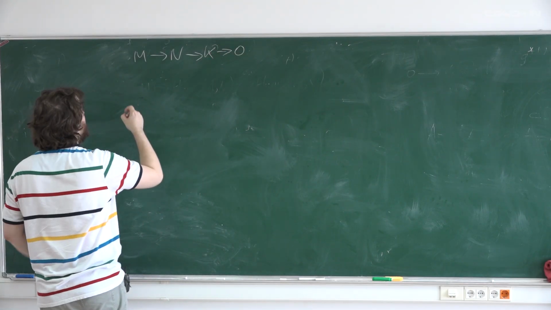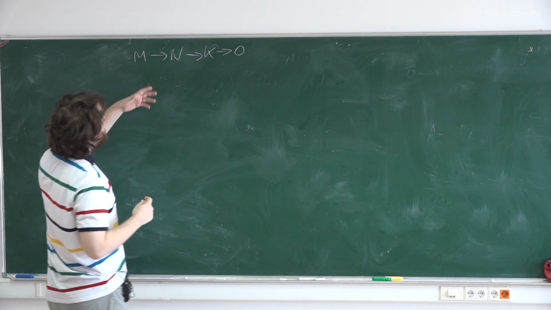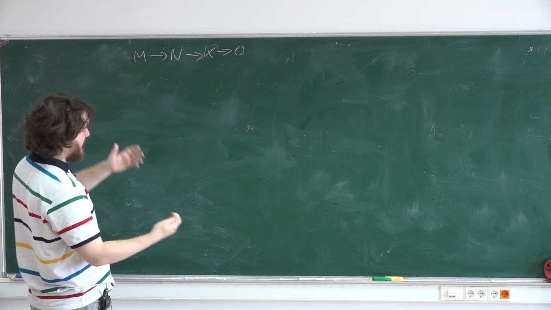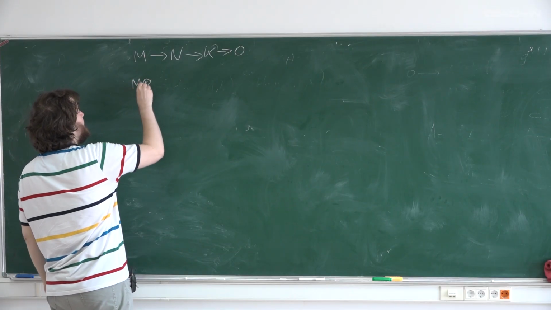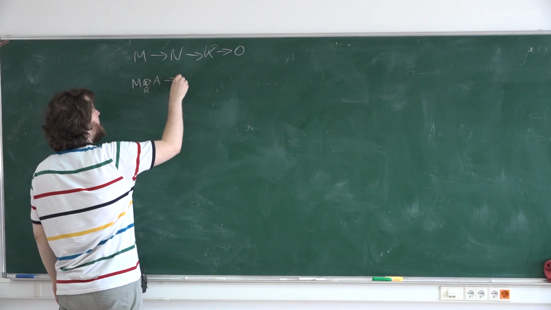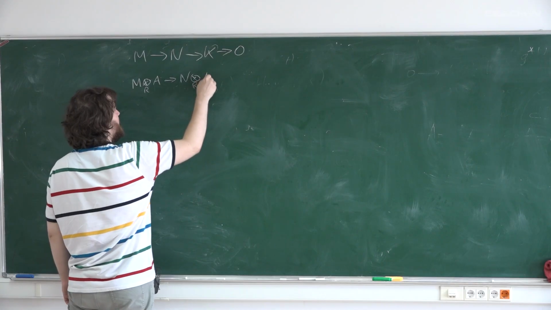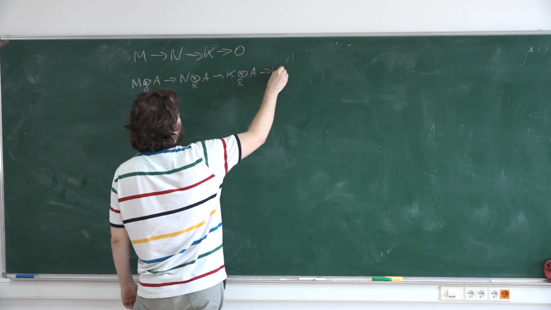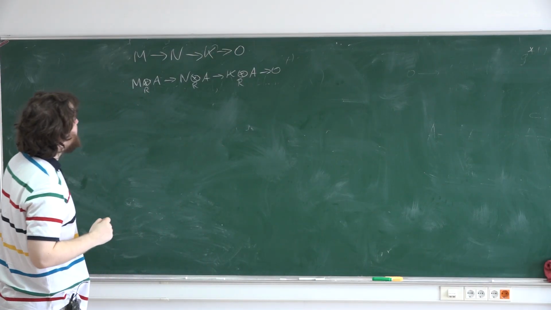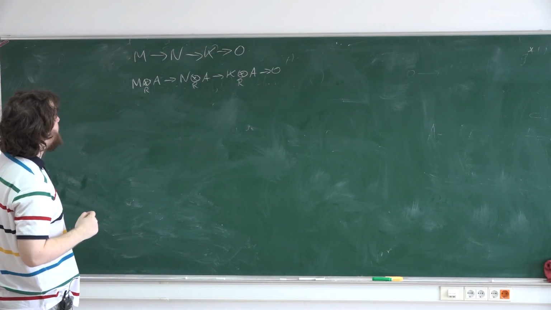I claim that if it's an exact sequence of left modules, and I have, for example, a right module, I can consider tensor products. And I claim that this sequence is also an exact sequence of abelian groups.